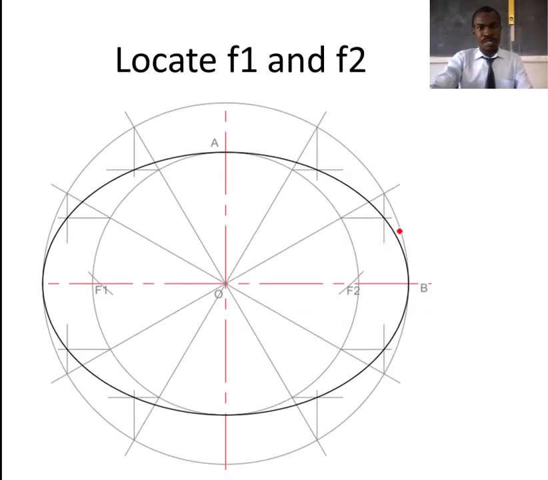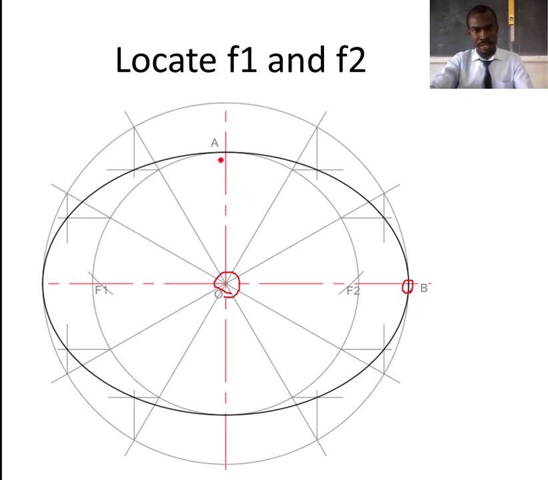The next step is to locate points F1 and F2. These are the focal points of an ellipse. To do that, you need to open to a radius that is equal to half of the major axis. The way you do that is you open your compass, you stand at point O, then you open to point B. The radius you open there will be half of the major axis.